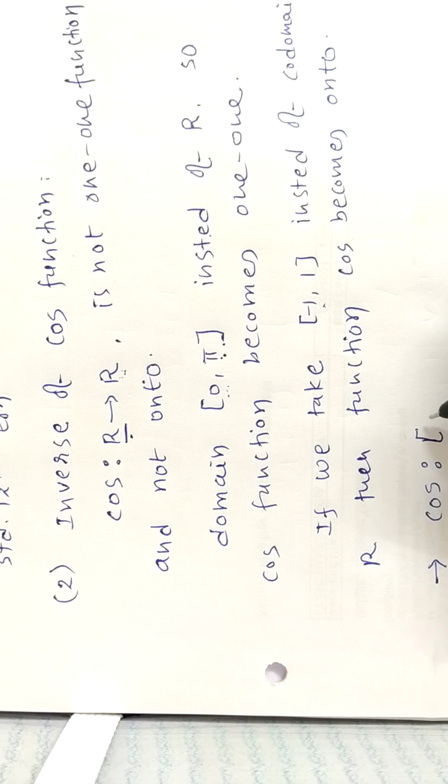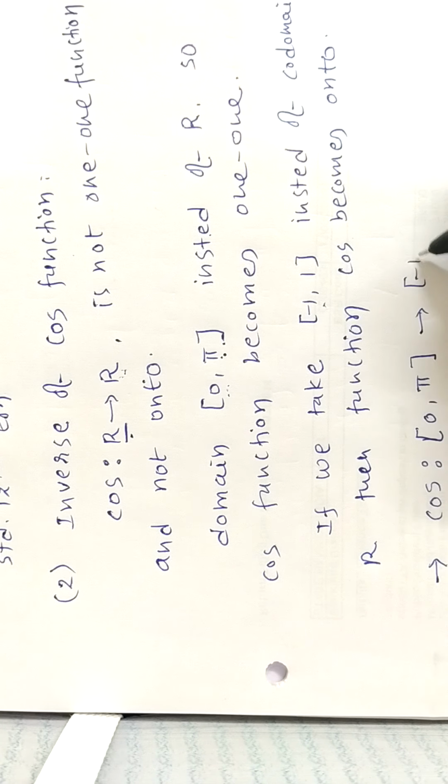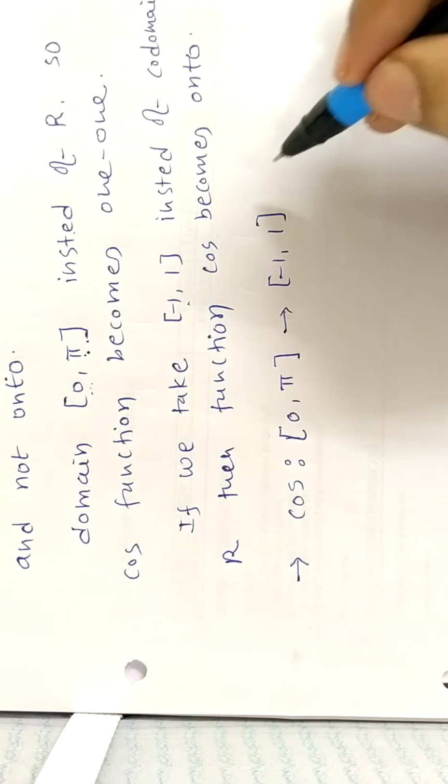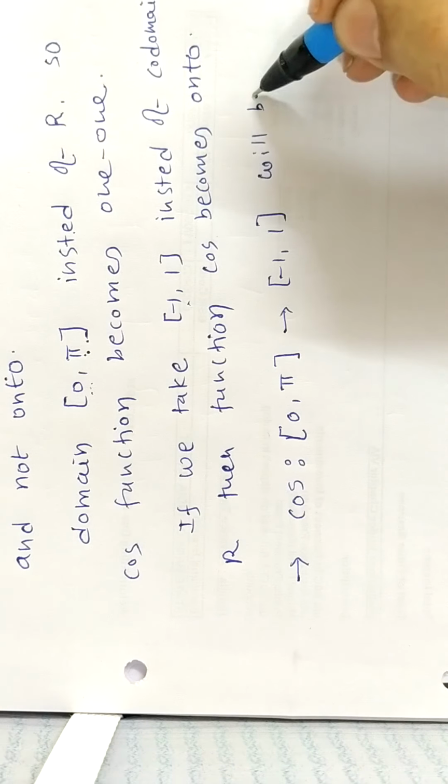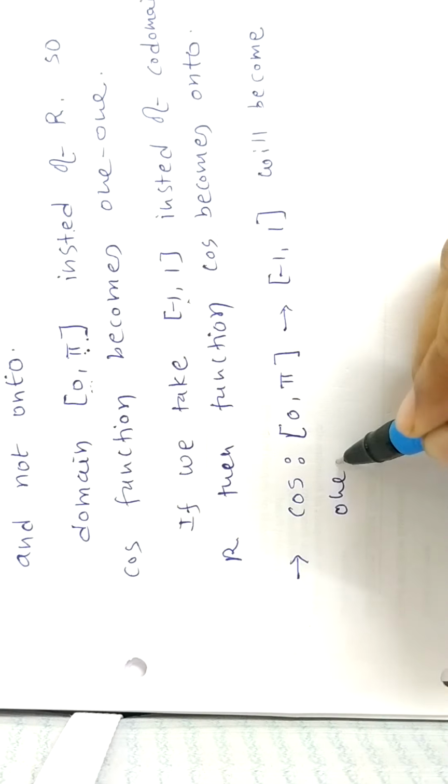Cos from 0 to pi to -1 to +1 will become 1-1 and onto.